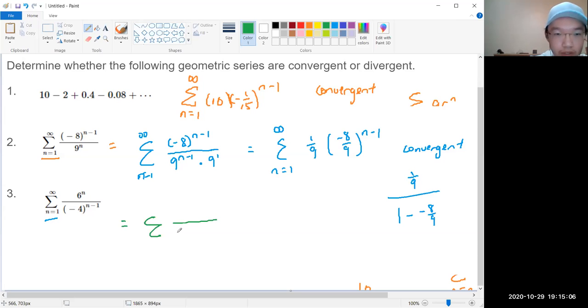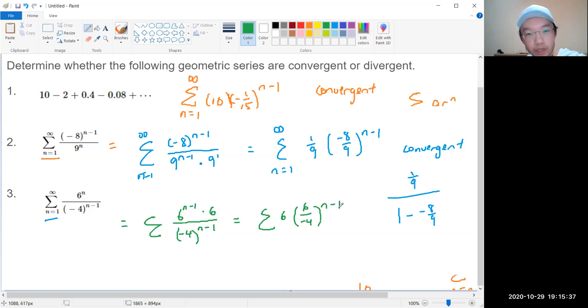So this one, I can keep the denominator. And then the numerator, I can write it as 6 to the n minus 1 times 6. Yes, okay. So this is equal to the summation of 6, and then 6 over -4 to the n minus 1.